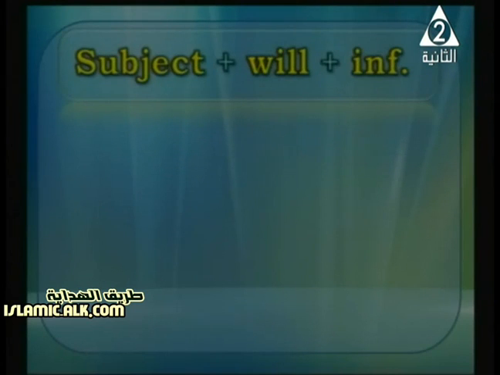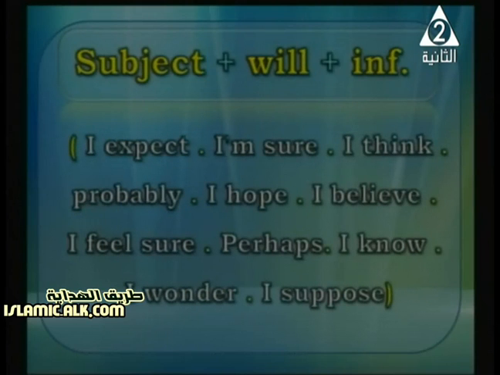Subject will plus infinitive. I expect, I'm sure, I think, probably, I hope, I believe, I feel sure, perhaps, I know, I wonder, I suppose. These keywords express will plus infinitive, meaning when we find them in a sentence without a clue, for example, we use will plus infinitive.